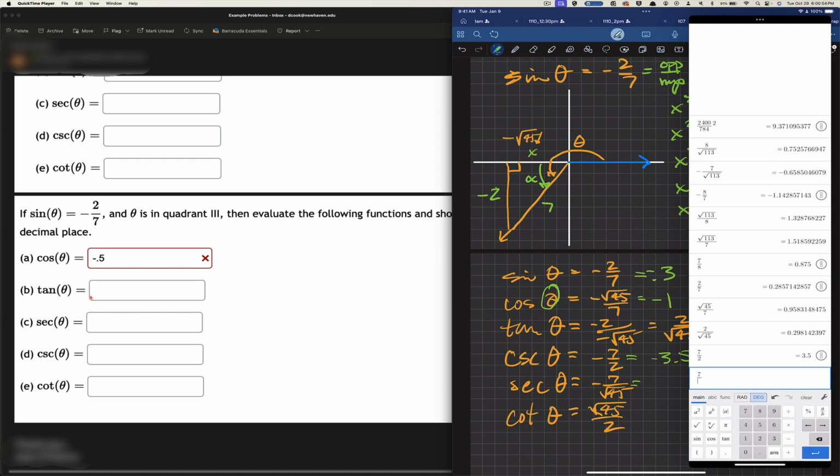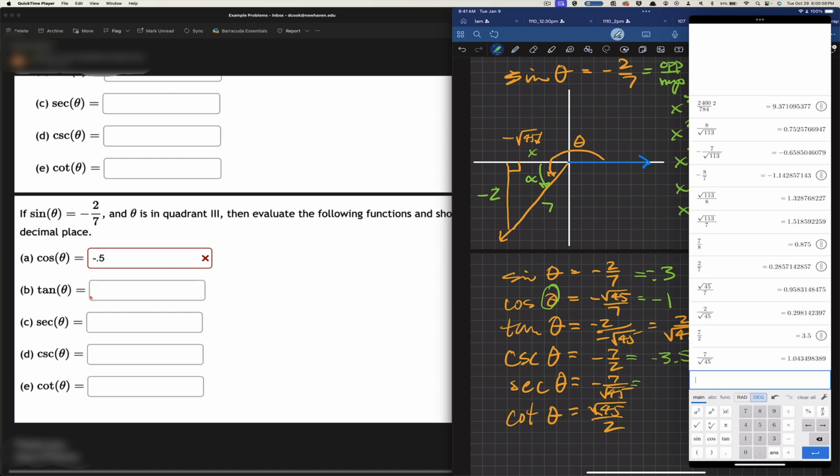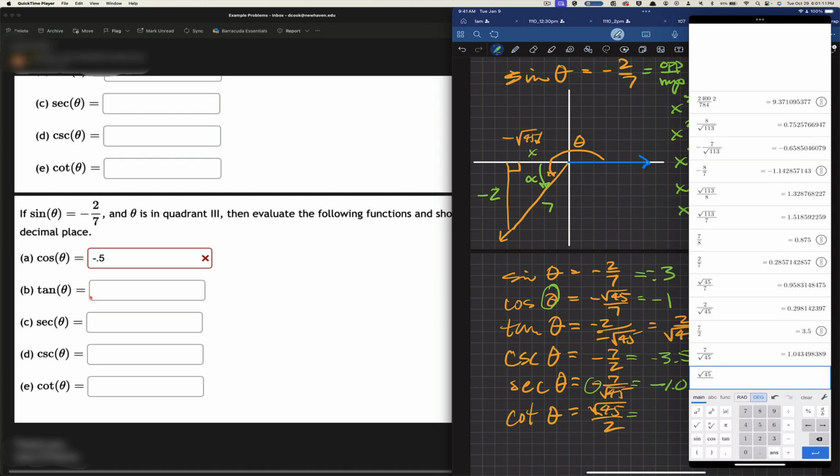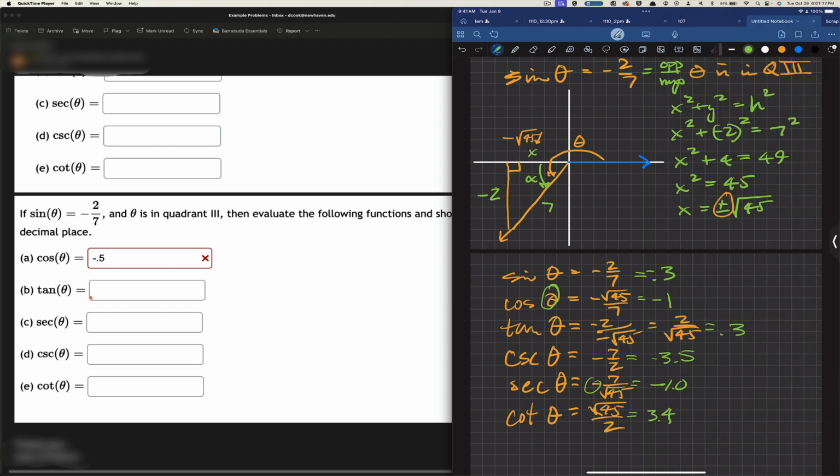So 7 divided by root 45. I get negative 1.0. Oh, it's so annoying. And root 45, get out of the radicand, divided by 2. And I get 3.4 positive. So that's two problems. Hopefully it's helpful.